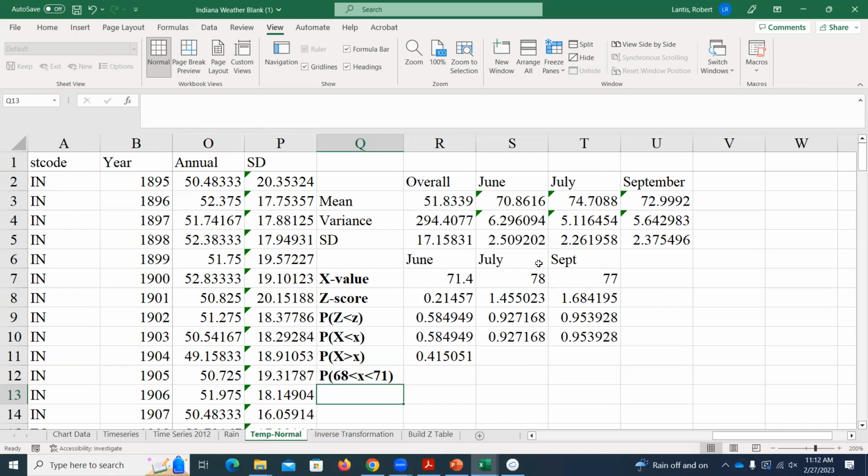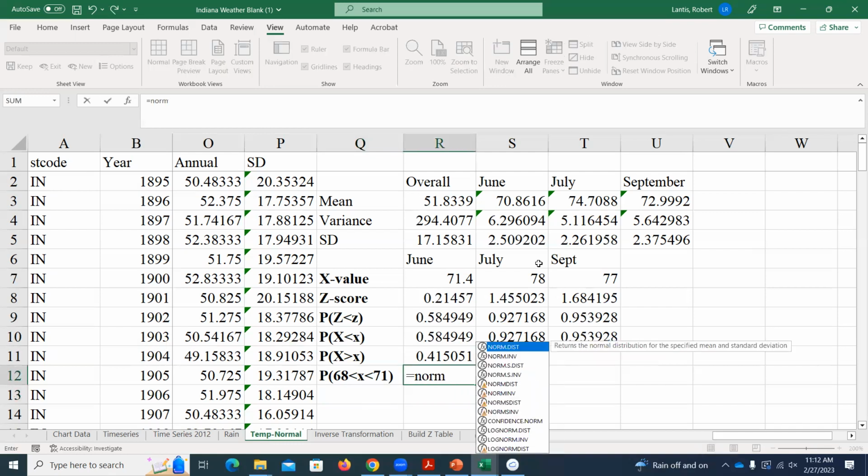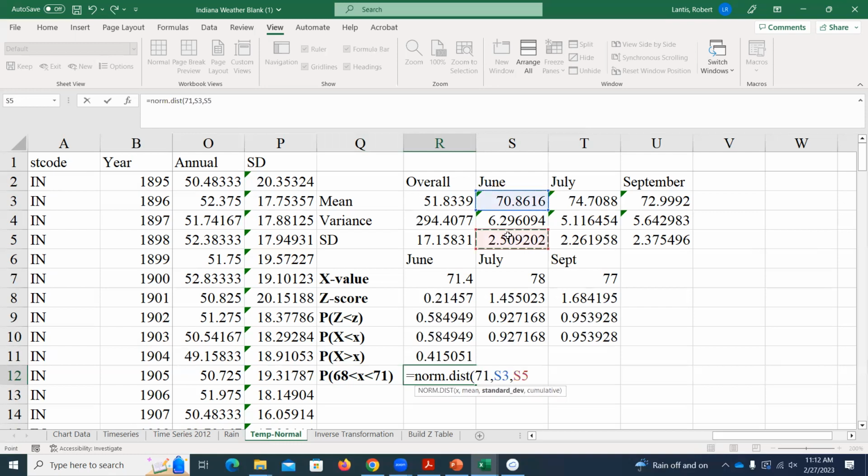Well, I can do this in Excel, right? All I need to do is find two areas to the left. So I could do norm.dist. The higher cutoff value I'm looking at is 71, comma, here's my mean, comma, here's my standard deviation, comma 1. This will give me the area to the left of that cutoff value of 71.